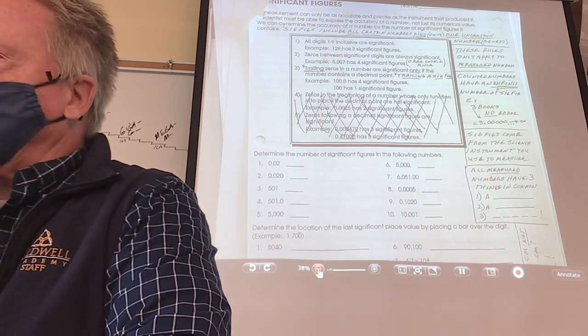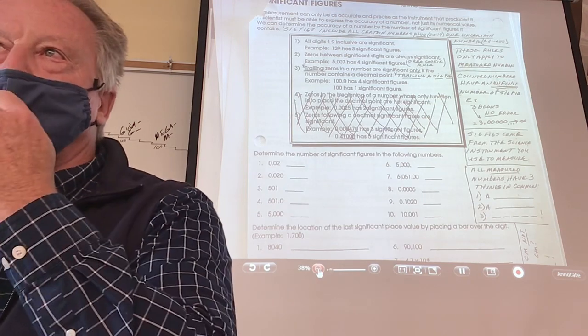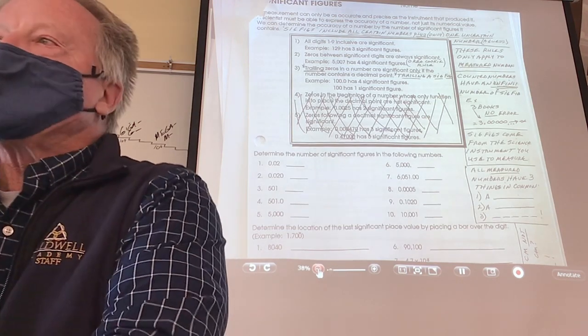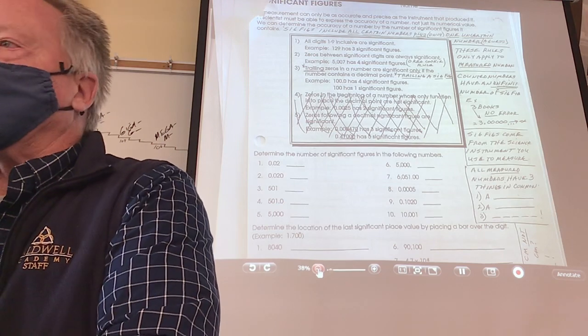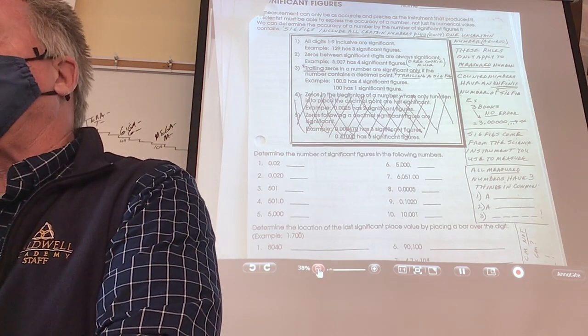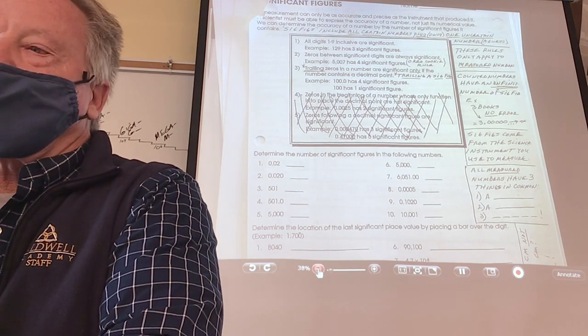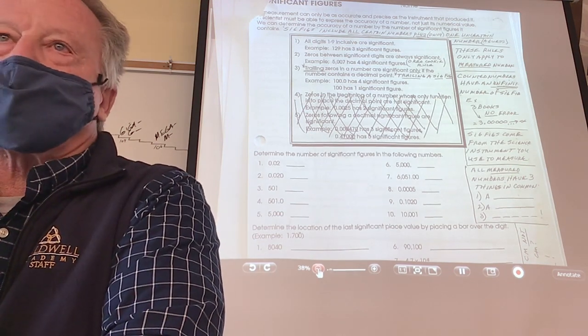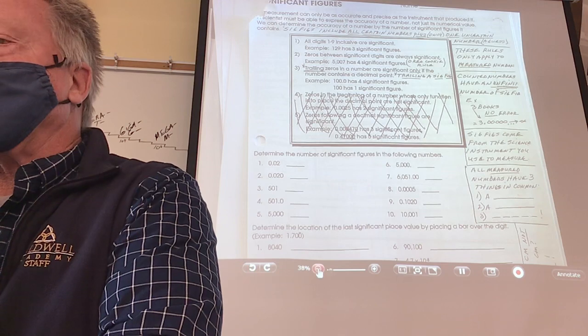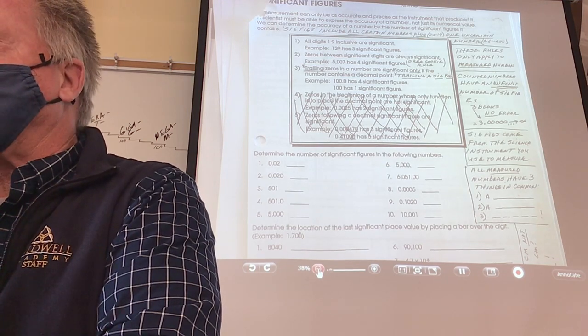They'll tell you they hated that lesson because some teachers teach 6 different rules about whether a number is significant or not. Some books have 5. What I did is I crossed out all the ones you don't need to know. I used to teach it like everybody else did. No wonder they didn't like it.